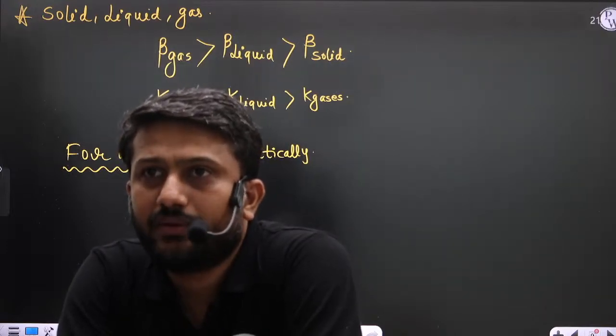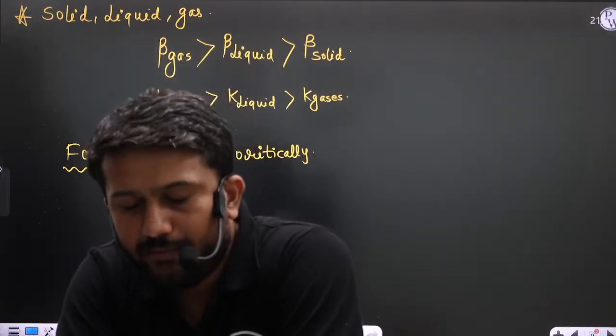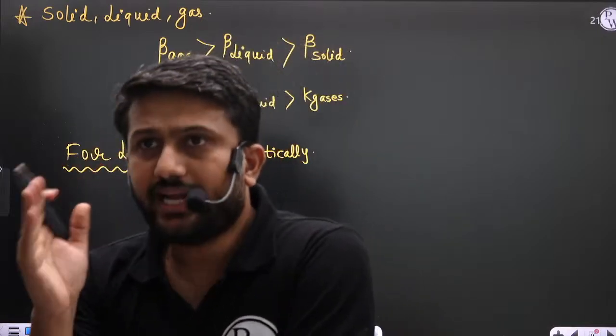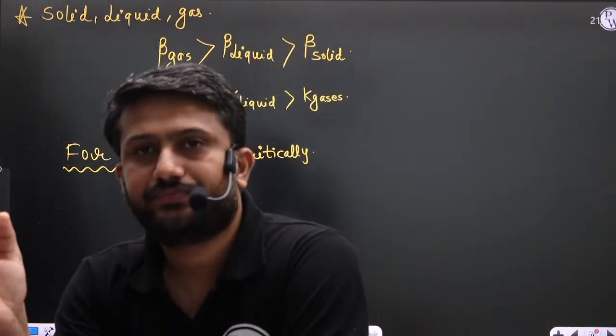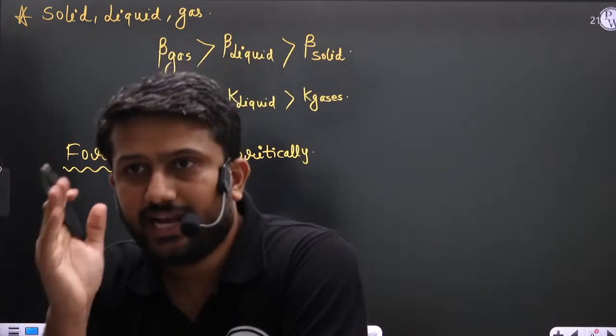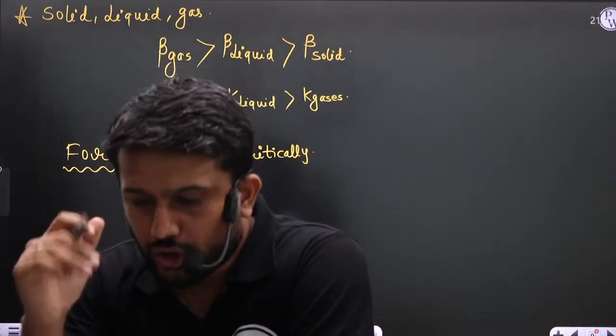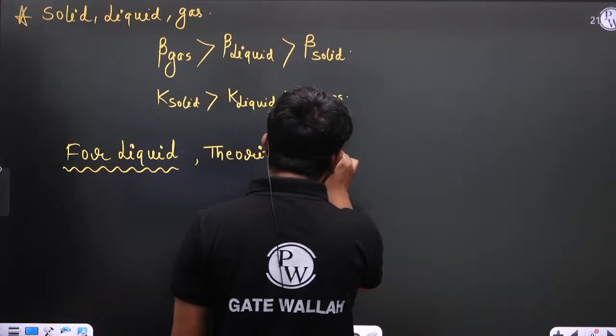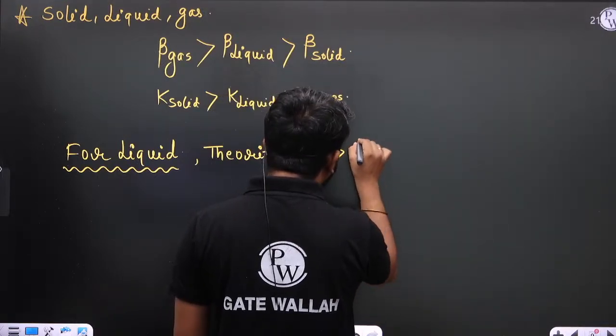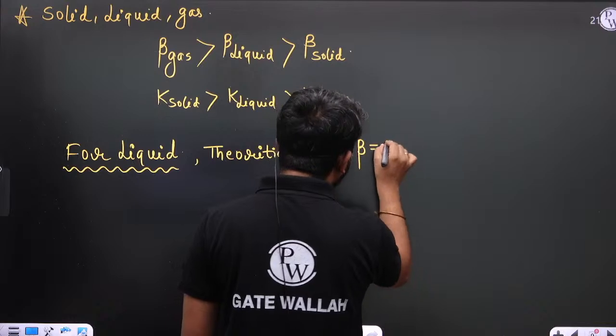Theoretically, liquid is difficult to compress, so the compressibility of liquid is 0 theoretically.